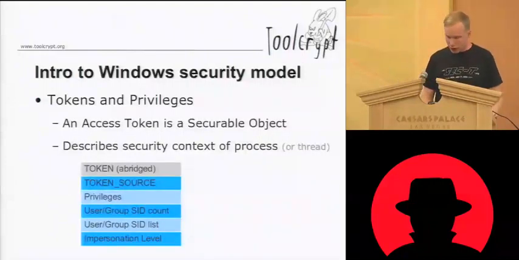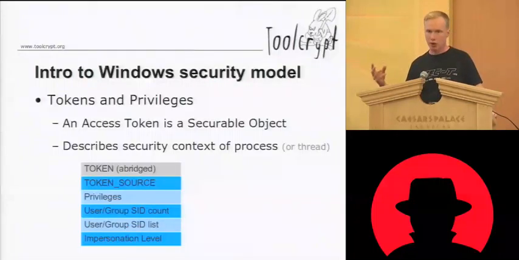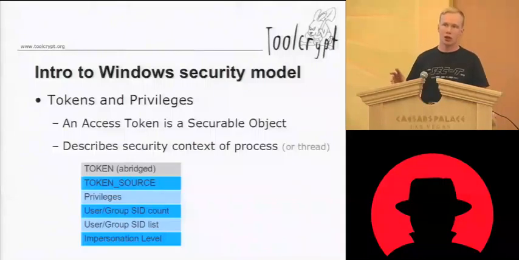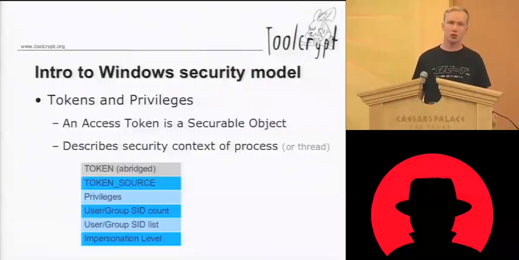I said before that a process has a primary token. When a process gets started, it gets assigned by the system a primary token, and this is the access token that controls access to system resources, except in the case when a thread in the process has called something called an impersonation or a delegation.